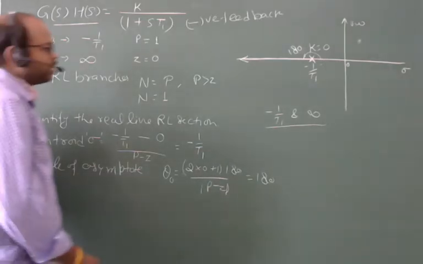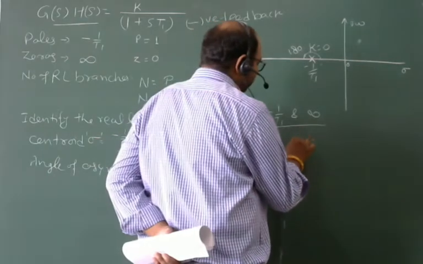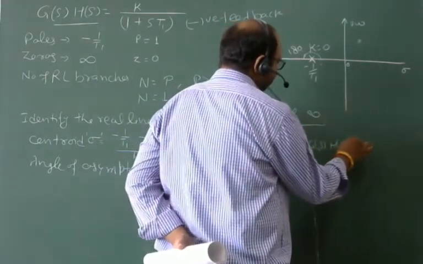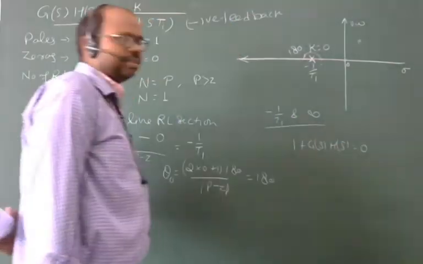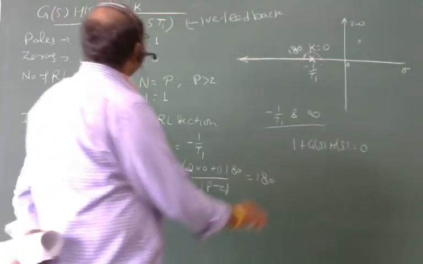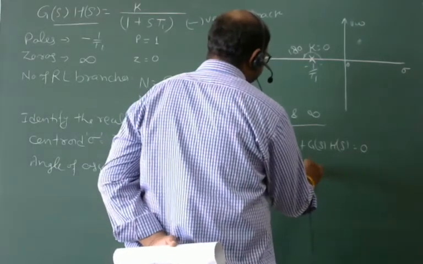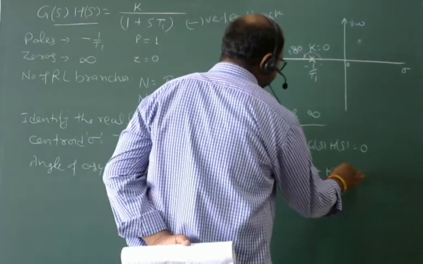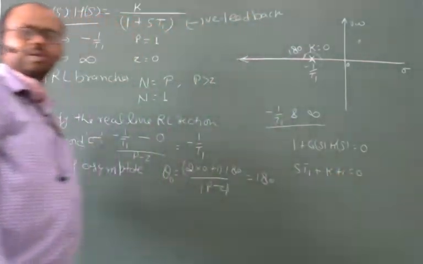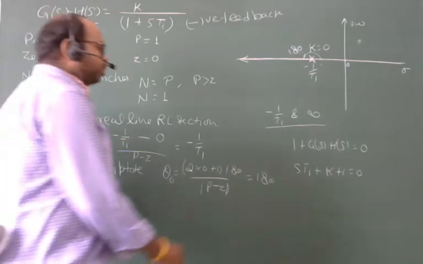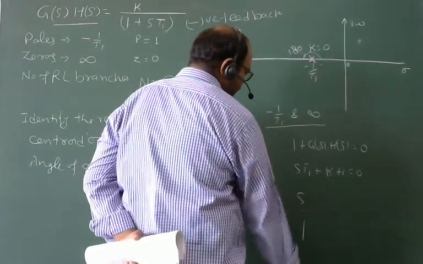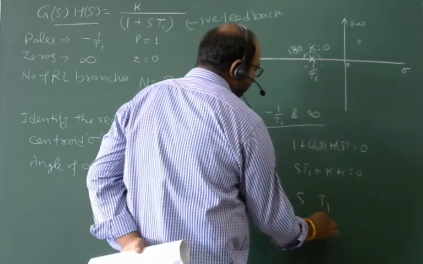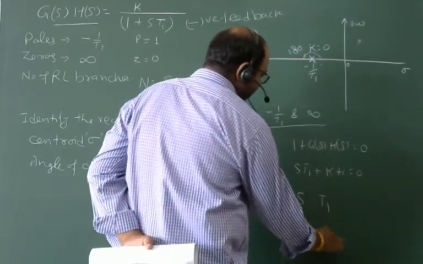So first find out 1 plus G(s)H(s) equal to 0, the characteristic equation. The characteristic equation will be sT1 plus K plus 1 equal to 0. And what about the Routh criteria? Here s to the power 1, the coefficient is T1 and here K plus 1.